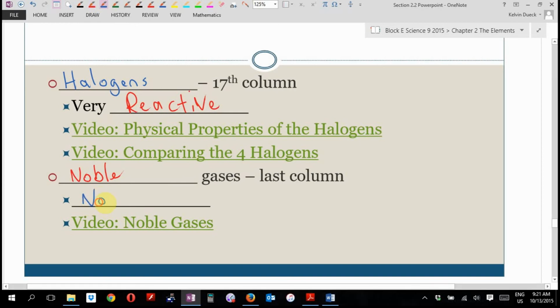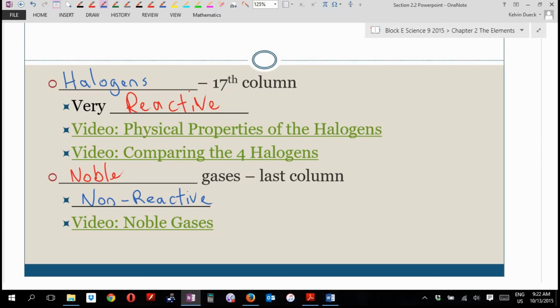These are very non-reactive, which is why they're called noble gases. The idea was, they're so noble, so nice that nothing can make them mad or angry. They never react to anything. They just stay all calm. We used to say that they didn't react with anything at all, and for the longest time it was thought they wouldn't react with anything.